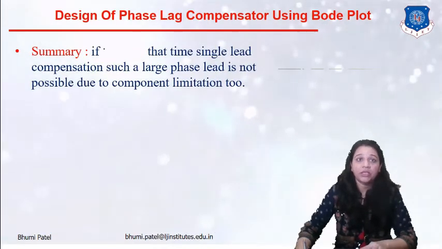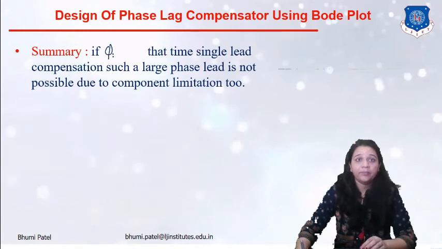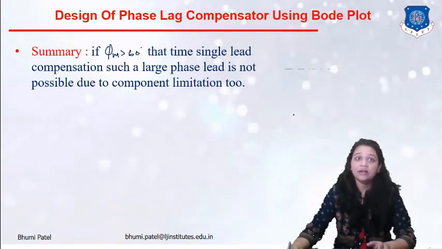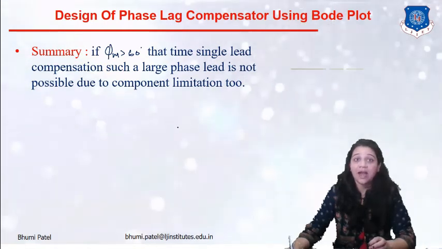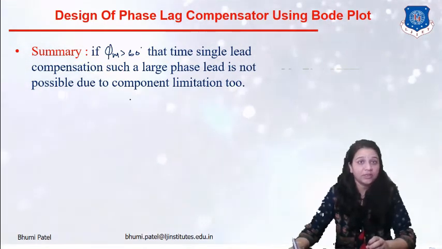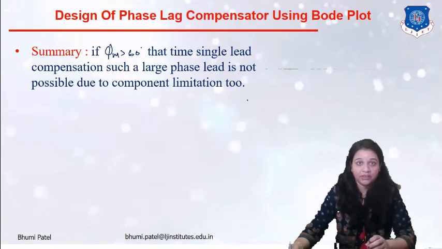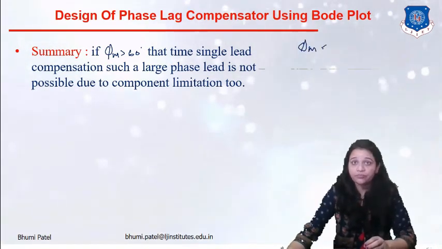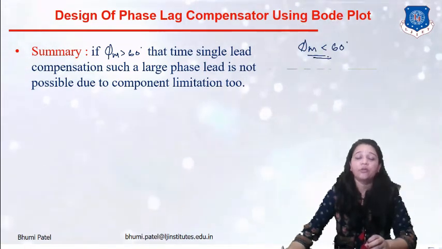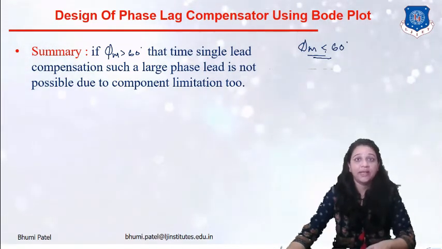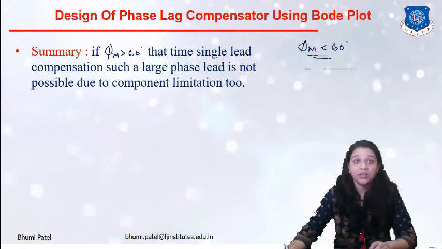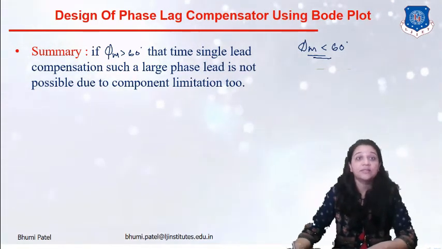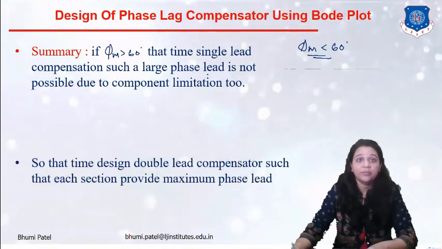So in summary, if phi m is greater than 60 degrees, a single lead compensator cannot be used, because such a large phase lead is not possible due to component limitations. If phi m is less than 60, then we apply a single phase lead compensator. But if phi m is greater than 60, we cannot apply a single phase lead compensator.